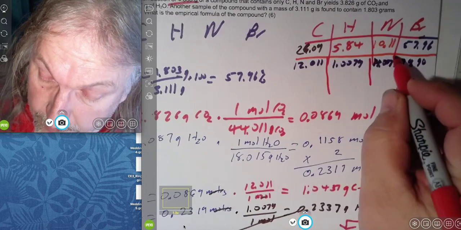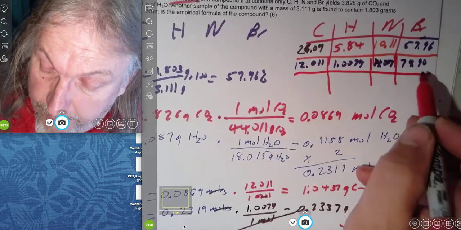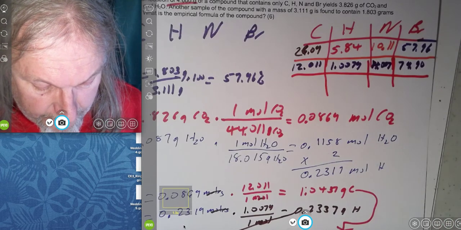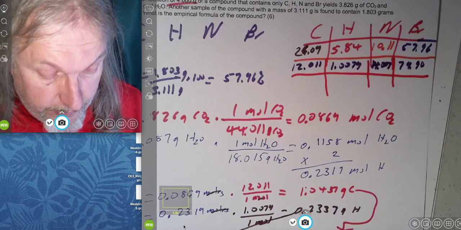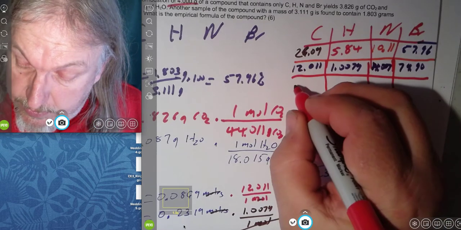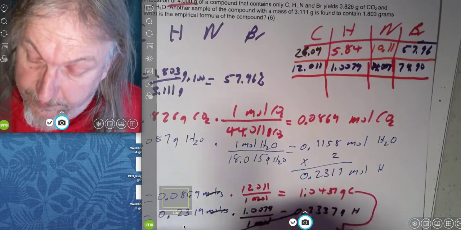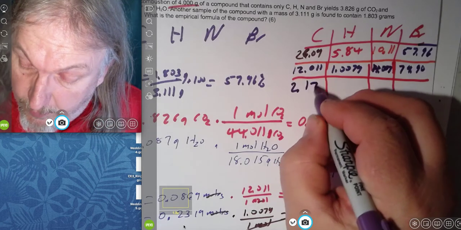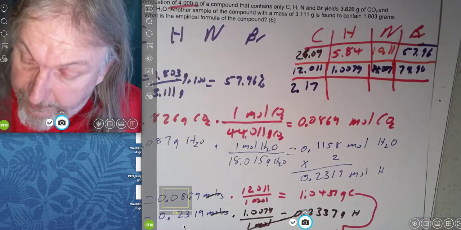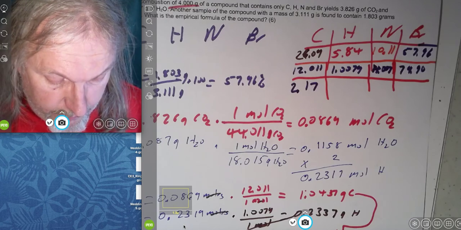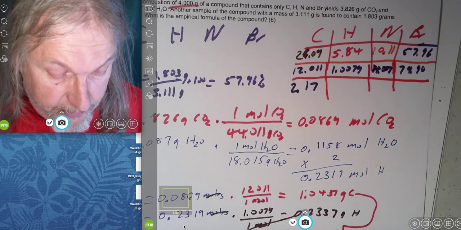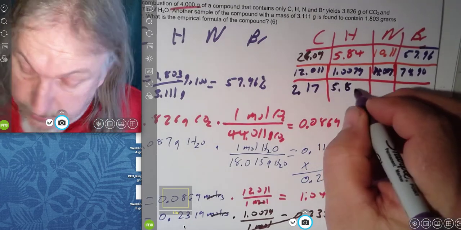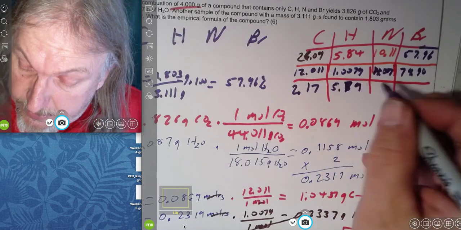We've got a simple empirical formula problem now. So 26.09 divided by 12.011 is going to give me the number of moles of carbon, 2.17 moles. 5.84 by 1.0079 is going to give me 5.79 moles of hydrogen.